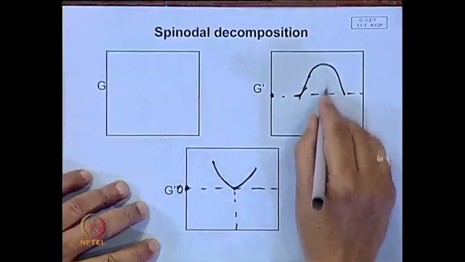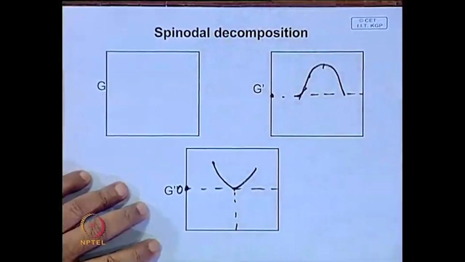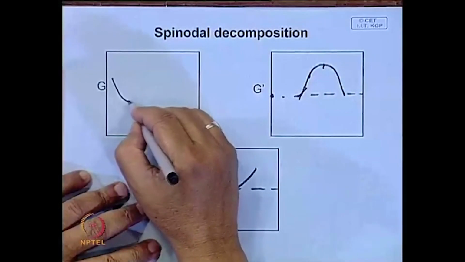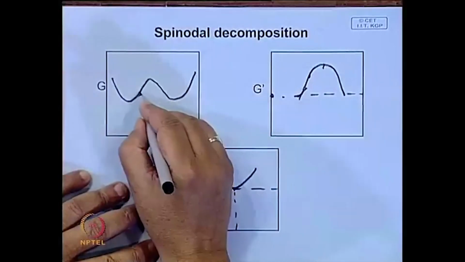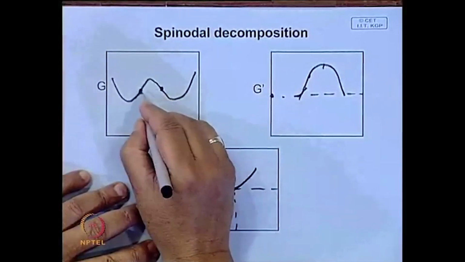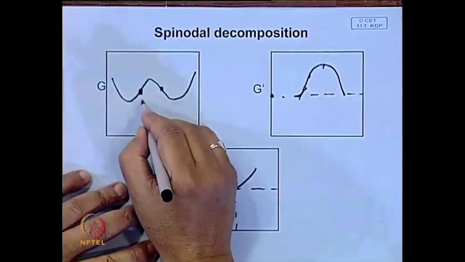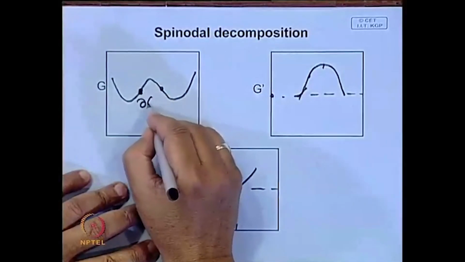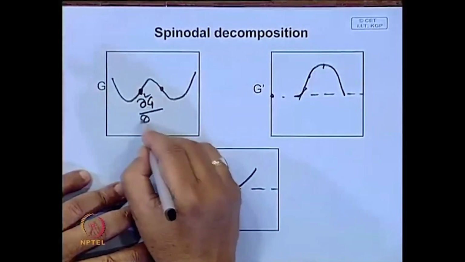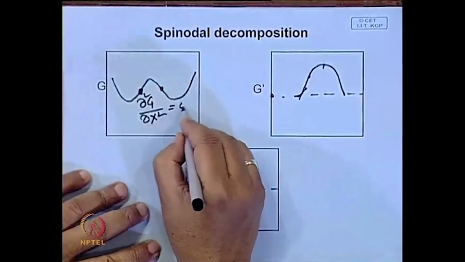So, there is a composition where you can say there is an inflection point. If this is the type of free energy composition diagram, here the double differential d2G, this will be 0.